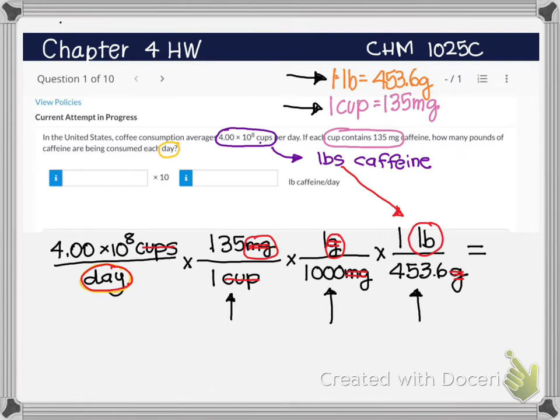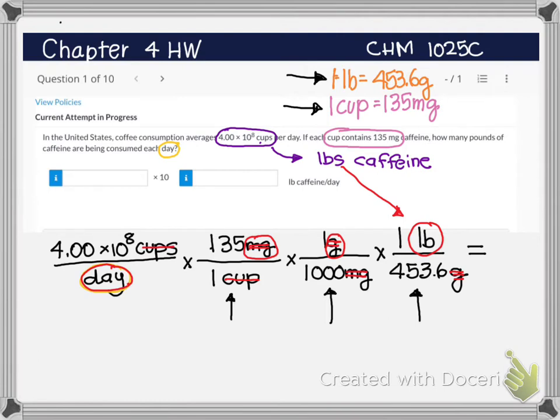I'm not using the one I normally use, and just a second, let me turn it on. I'm sorry. 4.00 times 10 to the 8th. There we go. It was giving me a hard time with my exponents.